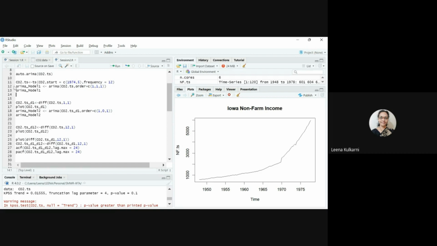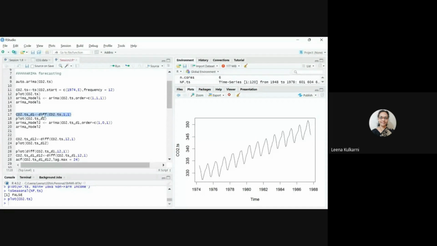So let us first difference this data. If you can see this command, the command used for this is diff of the original time series co2.ts with 1, that is, the non-seasonal differencing of first order.